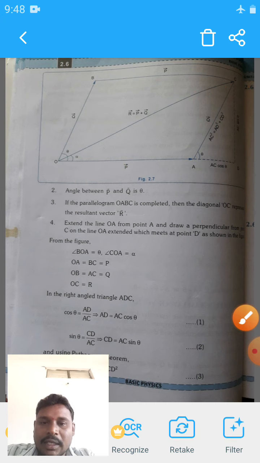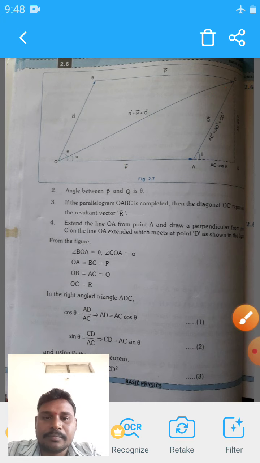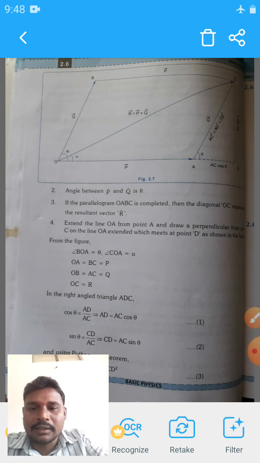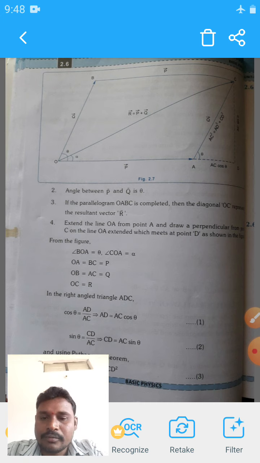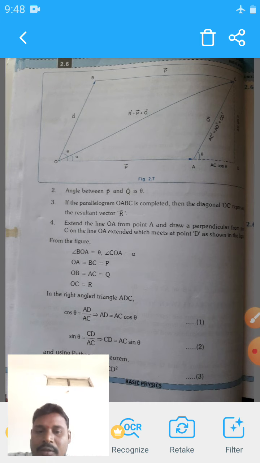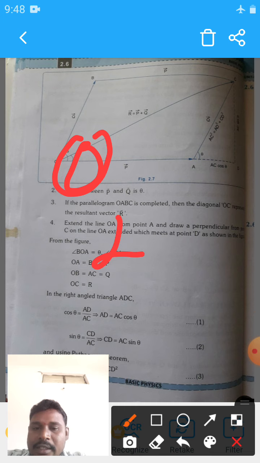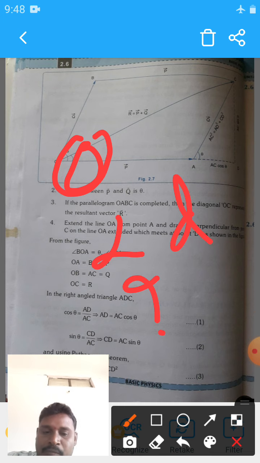From this diagram, OA is P bar, AC is Q bar and OC is R bar, and the angle COD, otherwise COA, is the direction alpha. So the angle COD at point O is taken as alpha. This one we are going to derive. Alpha indicates the direction, and we are finding what alpha is equal to.